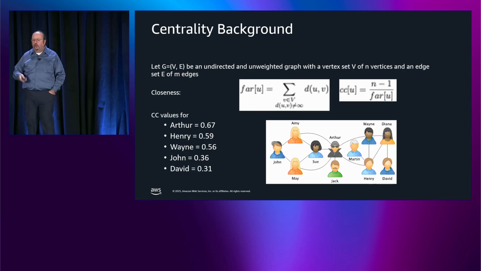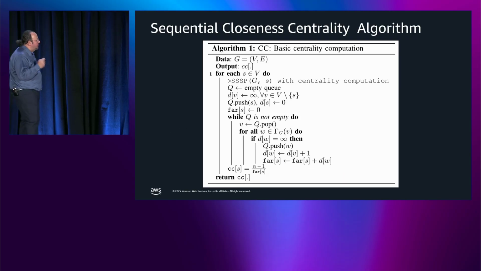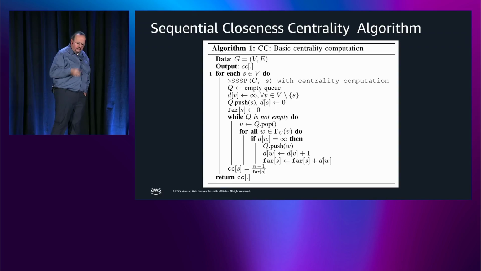This is one of the formulations of centrality, which basically normalizes, so the number is between 0 and 1, and easy to interpret. Okay? If you run closeness centrality on this toy graph, you will see that Arthur's closeness centrality is very high. So you can identify that. How do we do this?